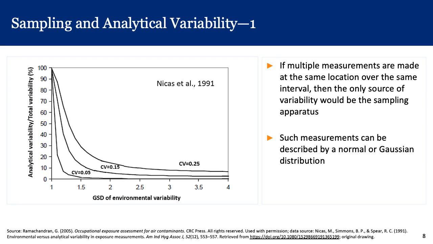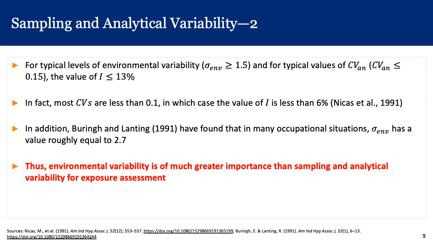What does this mean? It means that analytical variability is not that important when you are considering the overall variability of exposures for a group of workers. So for typical levels of environmental variability, meaning the geometric standard deviation sigma is greater than 1.5, and for typical values of the coefficient of variation CV, meaning less than 0.15, the contribution of analytical variability, which I'm denoting as I here, is less than 13%.